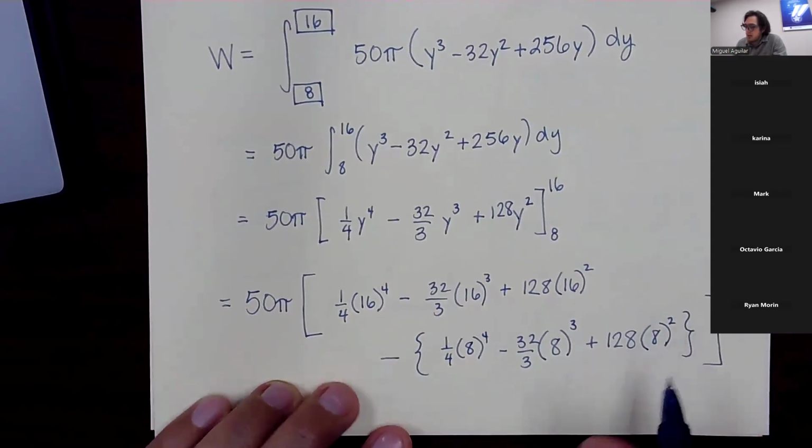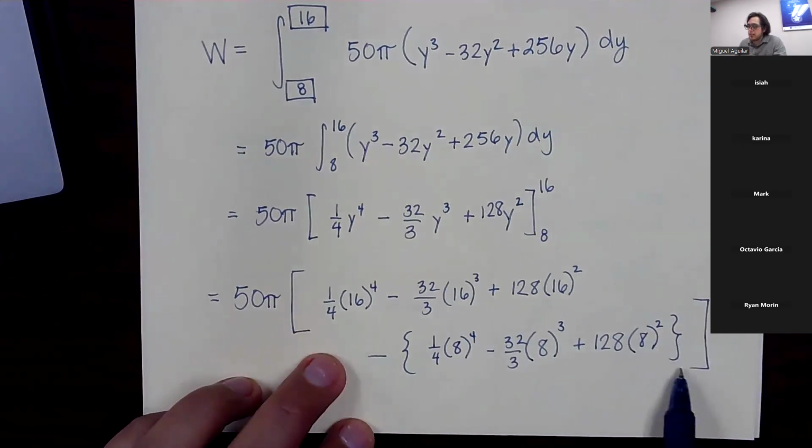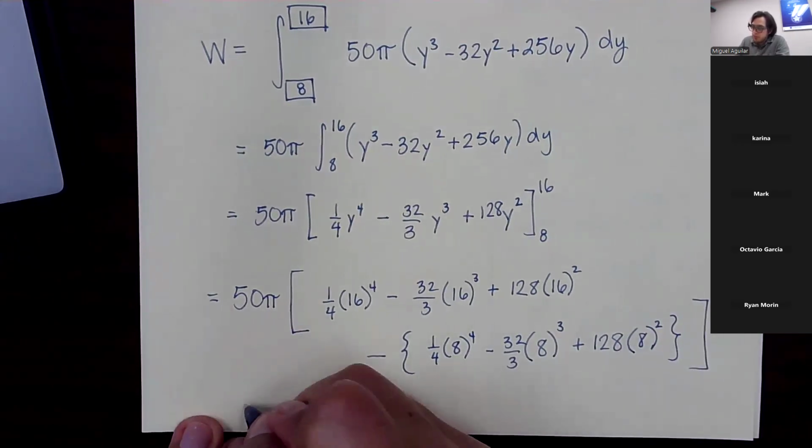Okay. So I'm just going to do all this stuff on the inside of the brackets here, and then I'll just multiply by the 50 pi at the end.